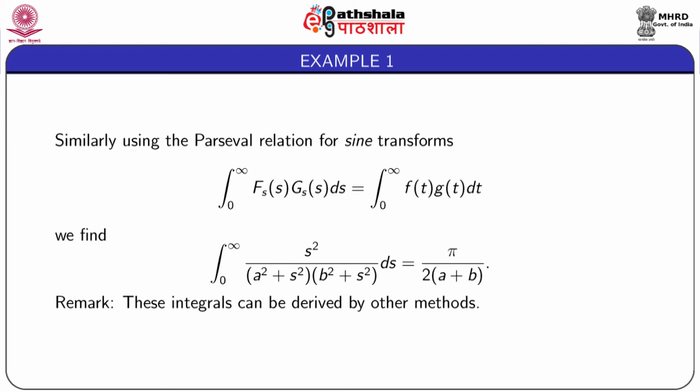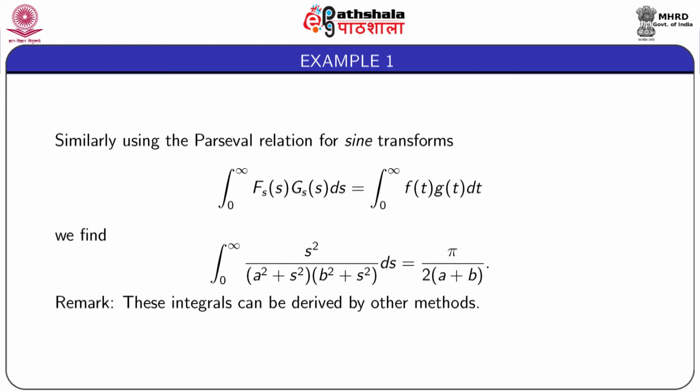Similarly, the Parseval relation for sine transform can be obtained, and this is given by integral 0 to infinity Fs(s) into Gs(s) ds. This is equal to integral 0 to infinity f(t) g(t) dt.